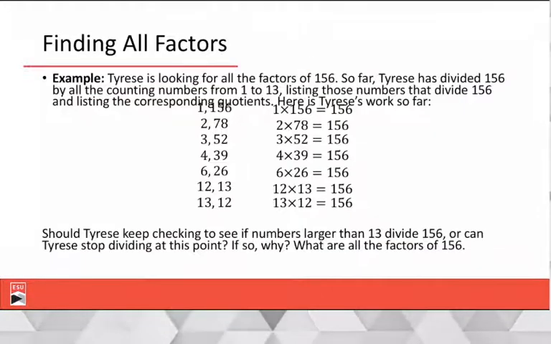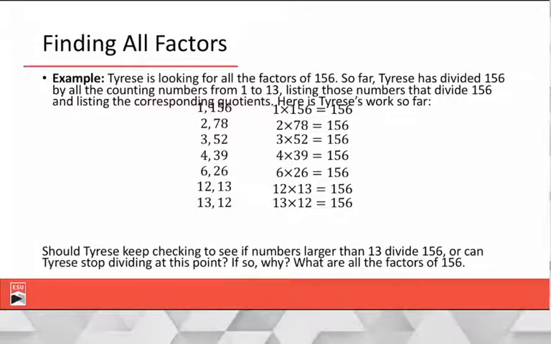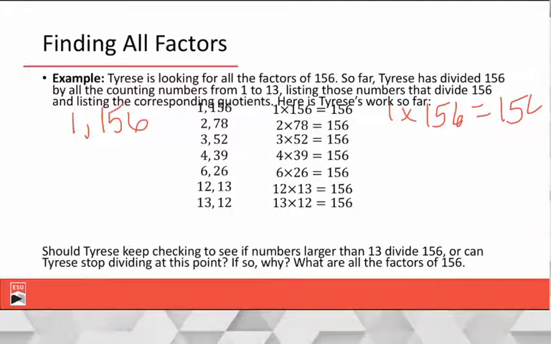Here's an example. It says Tyrese is looking for all the factors of 156. So far, he's divided 156 by all the counting numbers from 1 to 13, listing those numbers that divide 156 and listing the corresponding quotients. Here is Tyrese's work so far. The first line says 1 and 156, because 1 times 156 is 156, so those are factors.